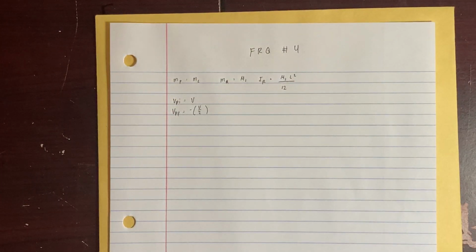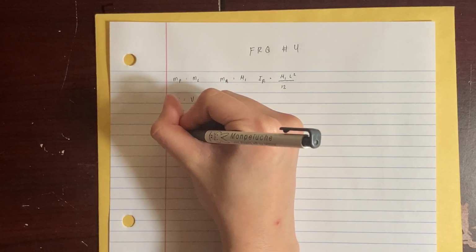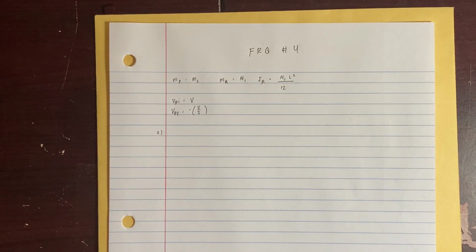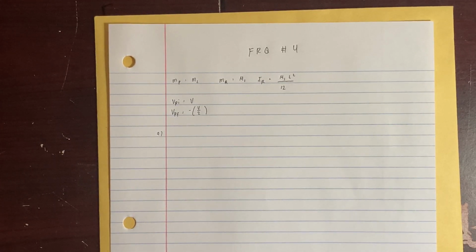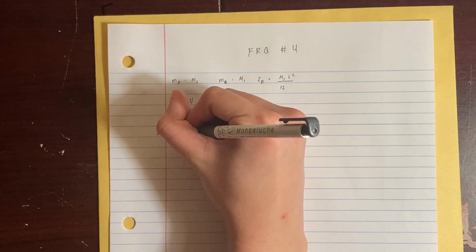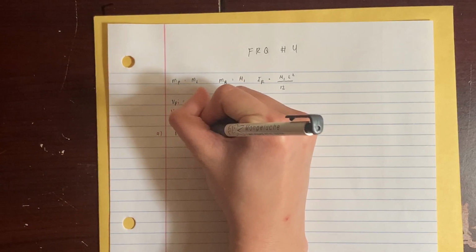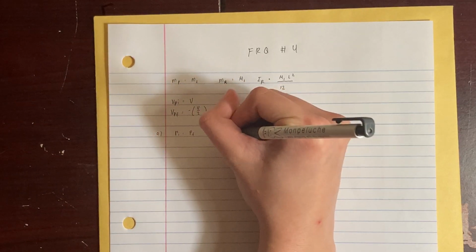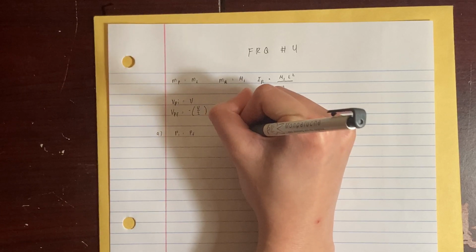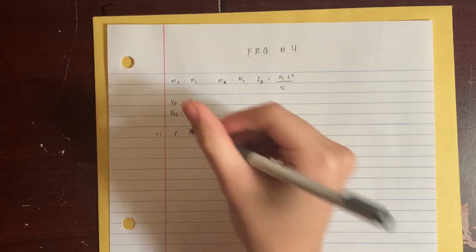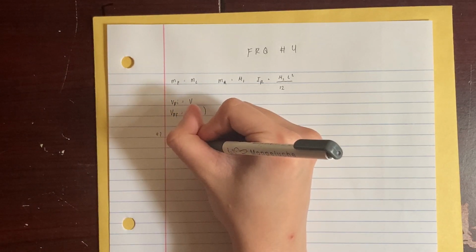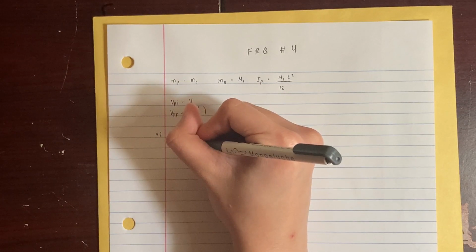So with that information, we'll go to part A, where it asks us to use principles of conservation of momentum to find the final linear velocity of the rod. So we know that momentum initial equals momentum final, and momentum can be broken down into mass times velocity. The only momentum initially comes from mass P because it's the only thing moving.